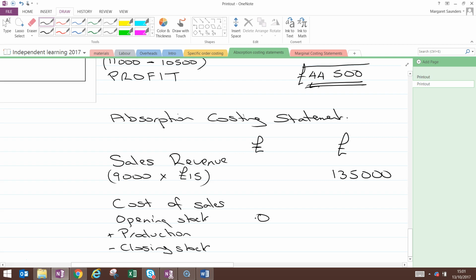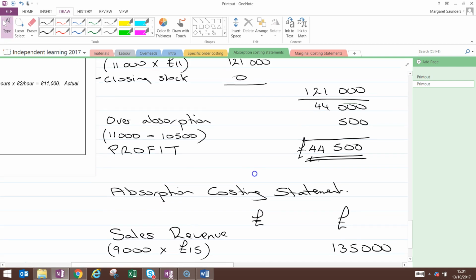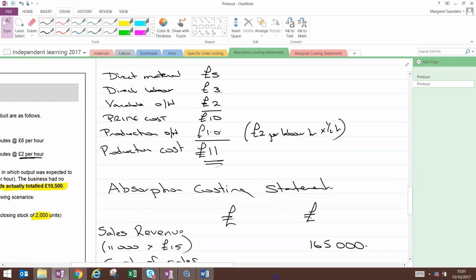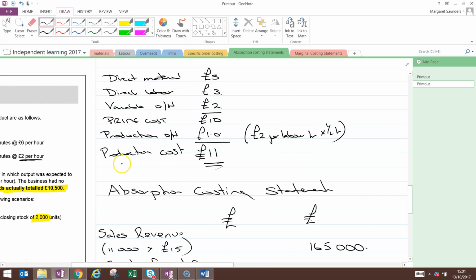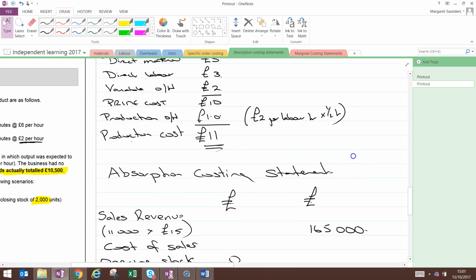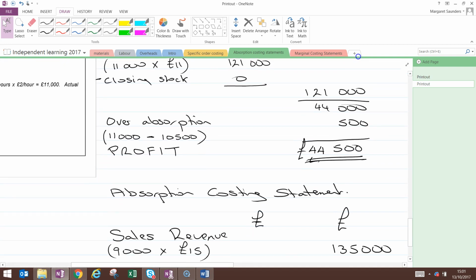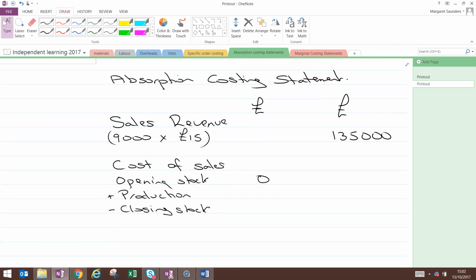Production, we produced 11,000, and we've already worked out the production cost in our calculation up here, £11 a unit. So that's 11,000 times £11.